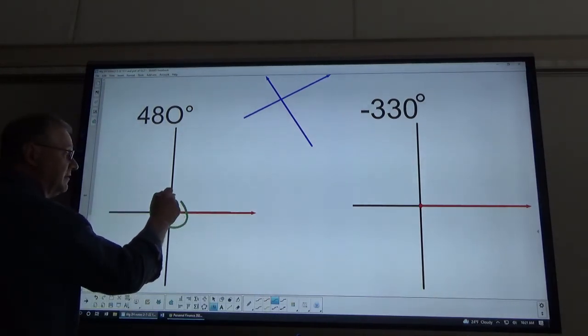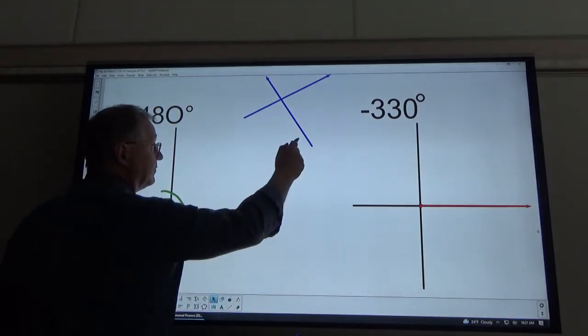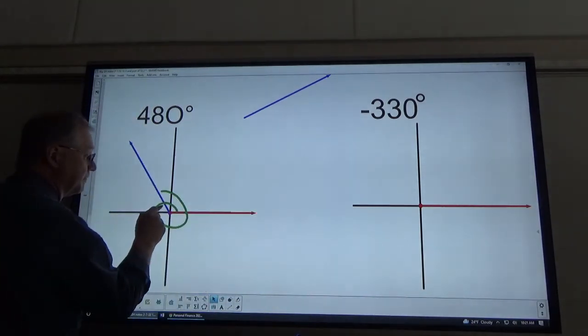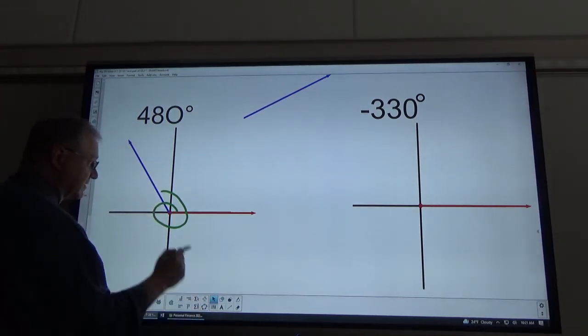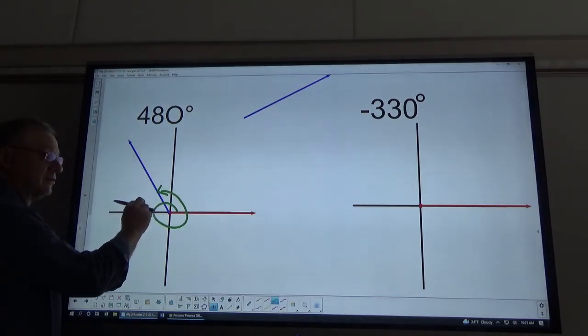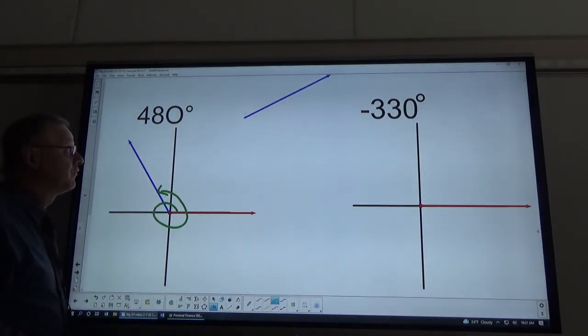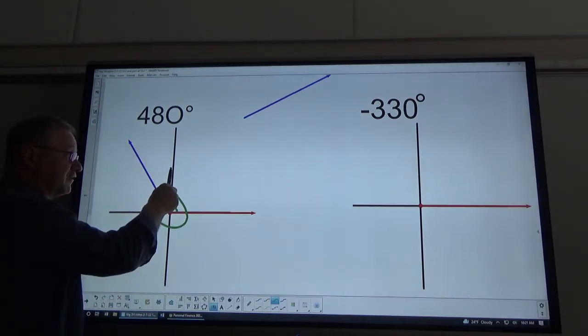So I have to continue until I end up approximately here. I'm not expecting you to be perfect with these, but you should be in the right ballpark. You shouldn't have it way down here for 480 degrees, because it's only 30 degrees away from vertical here.